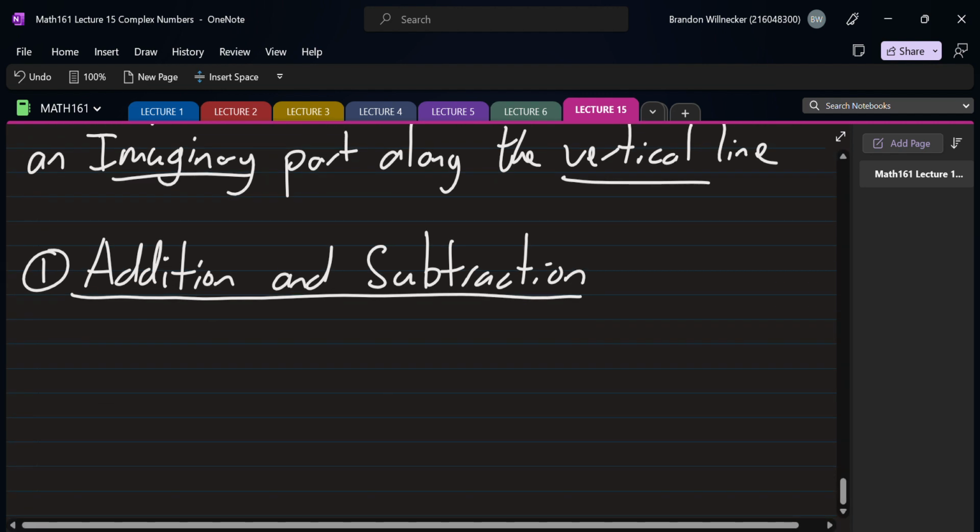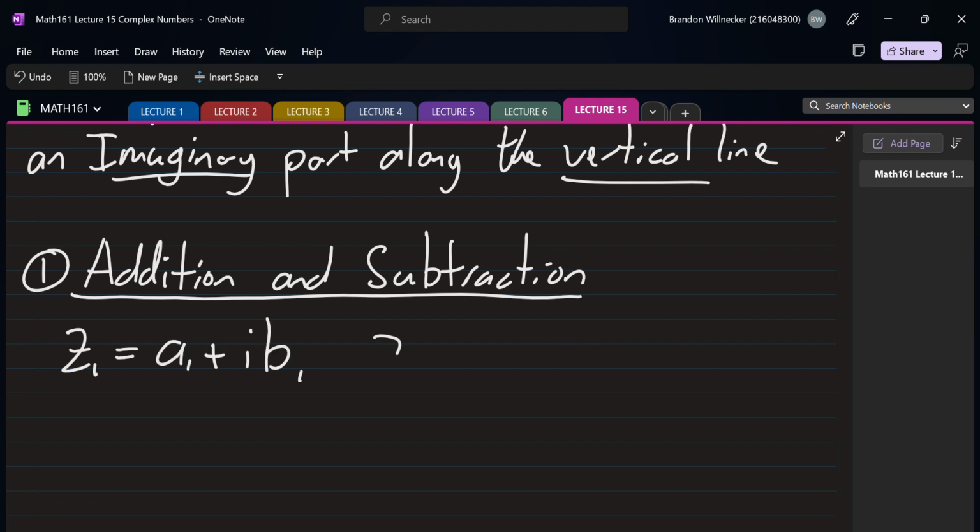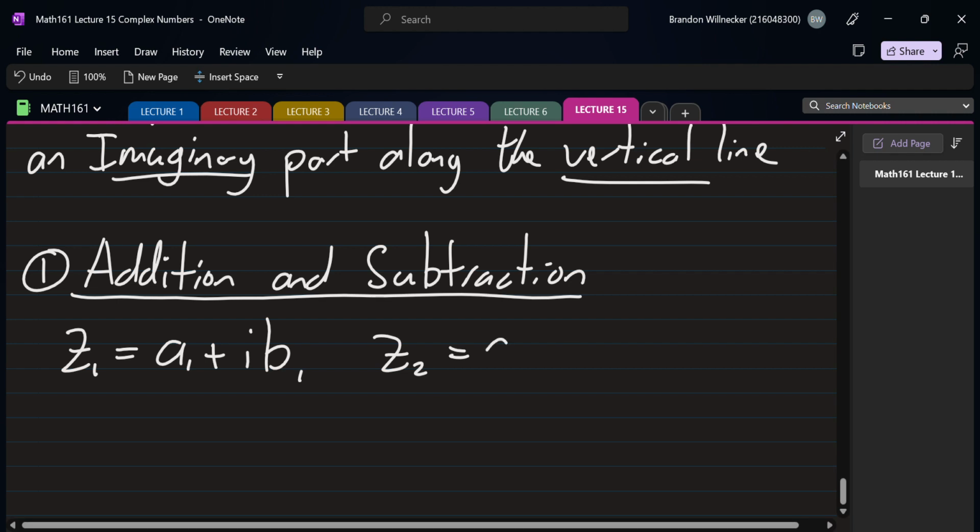Let's say we have two complex numbers, Z1 = A1 + iB1, and Z2 = A2 + iB2. So any complex number Z, remember we can represent them with a real part and an imaginary part like this. And that's true for any complex number.